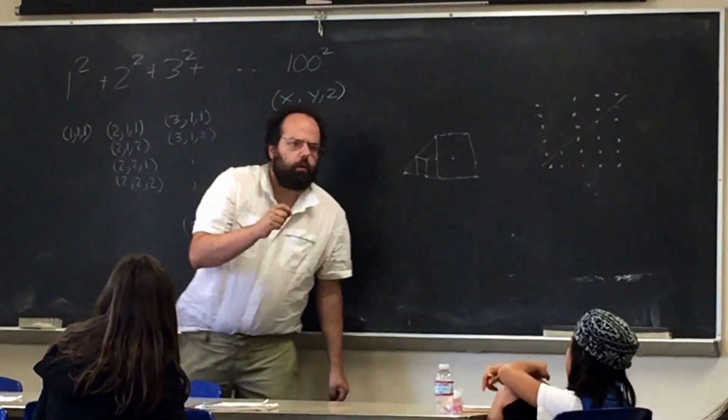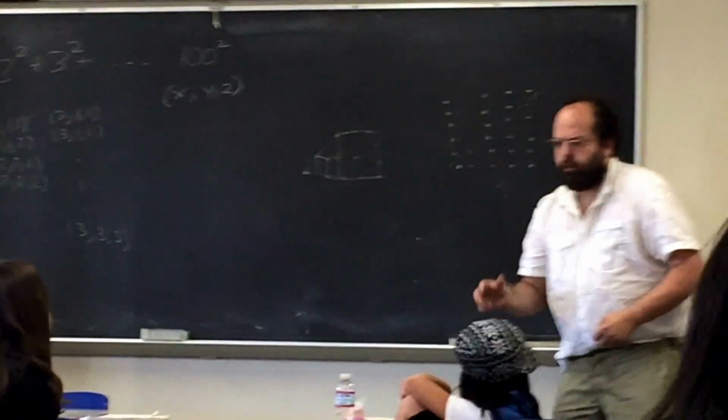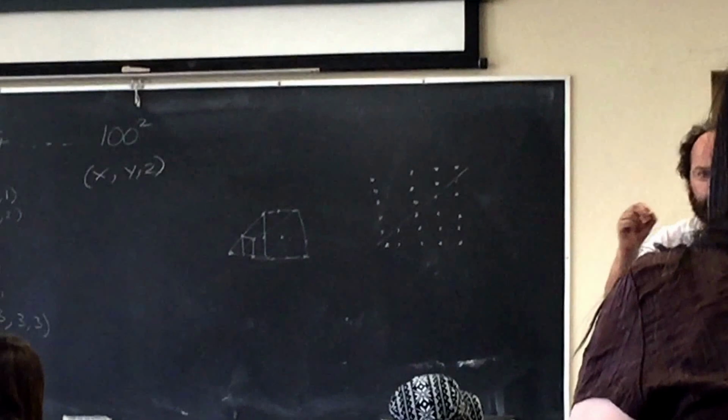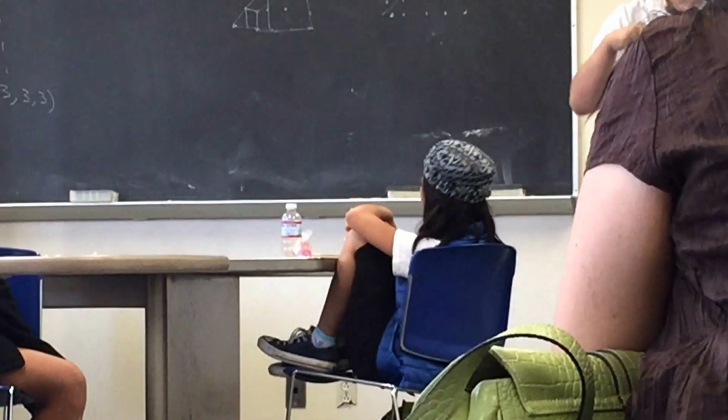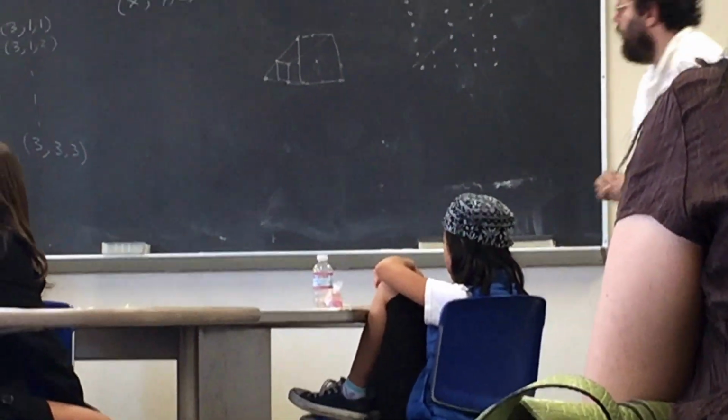What I know about any one of those points that have 3 coordinates between 1 and 100 is that there's a largest coordinate. There might be a tie. It might be that 2 values of the coordinates are the same, but at least one of the coordinates is largest.